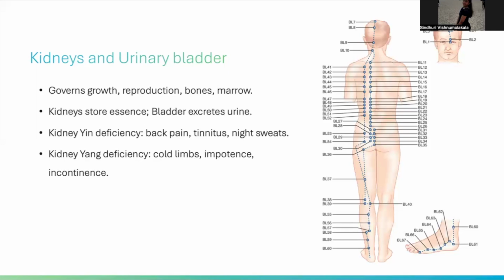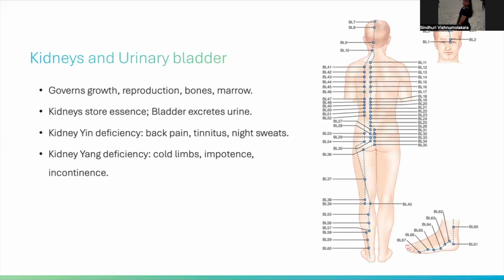Deficient kidney yin results in weak and sore lower back, ringing in the ear, or hearing loss. Ringing in the ear is also known as tinnitus. Ashen or dark face, especially under the eyes, dizziness, thirst, night sweats, and low grade fevers are common.